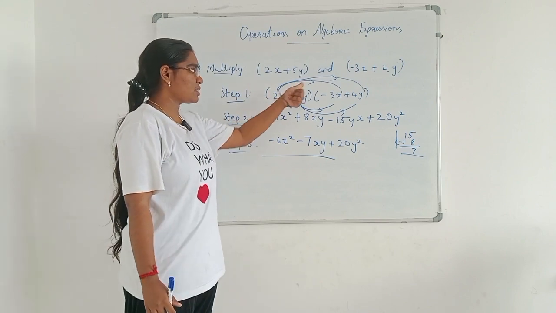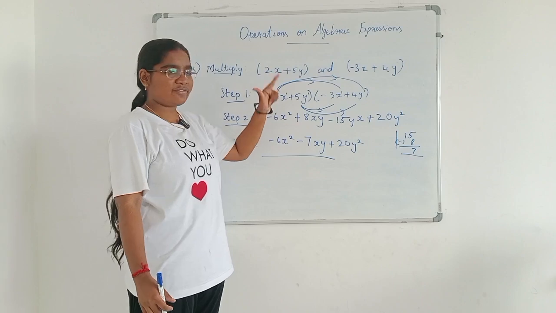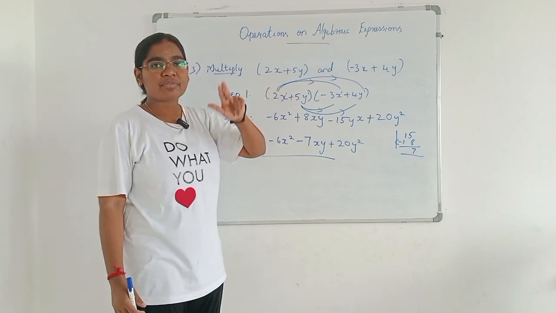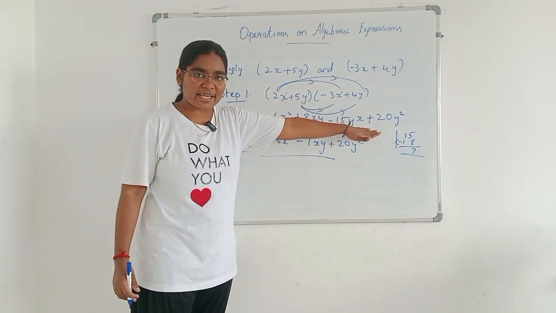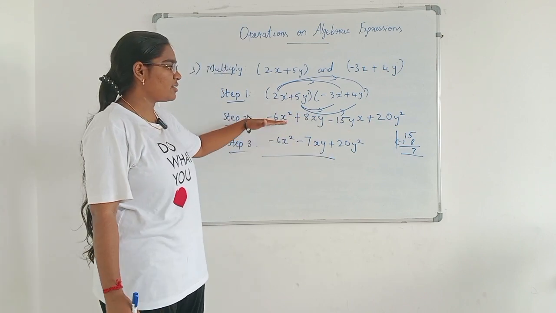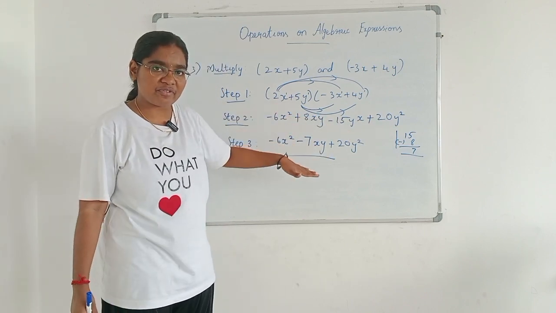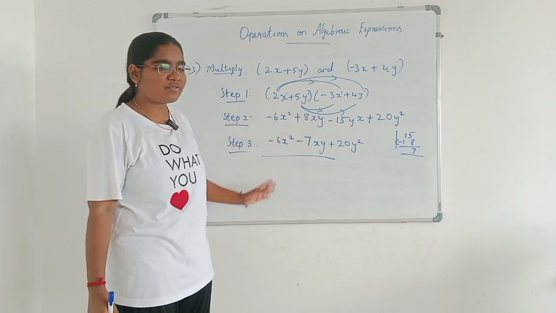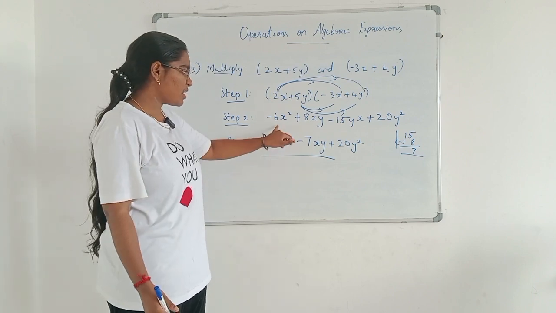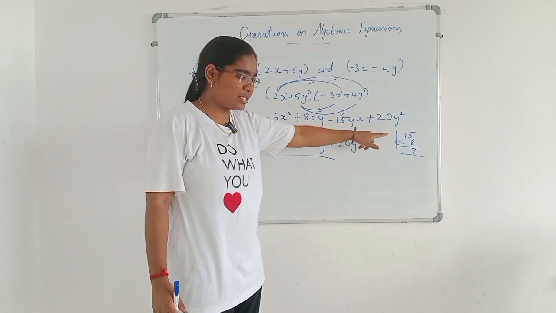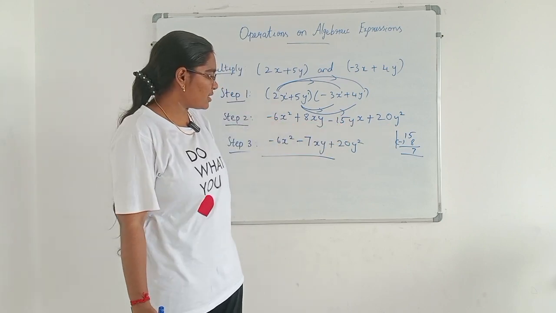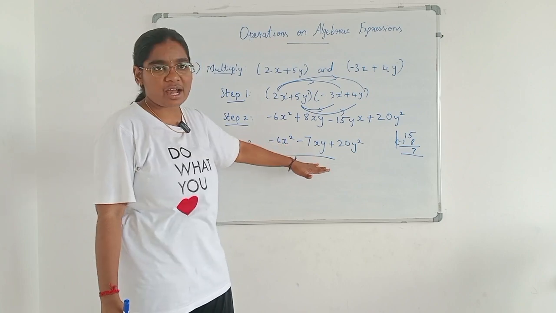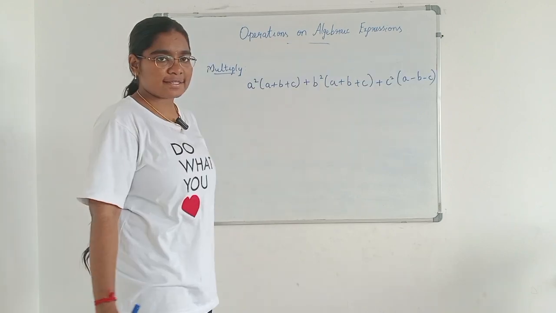First rule is consider those signs, next coefficient, and third those variables. Okay. After doing a multiplication, you have to check whether we can do further simplification or not. Here we can do further simplification because these two terms are unlike terms, but these two terms are like terms. So by further simplifying, this is what our final answer is.